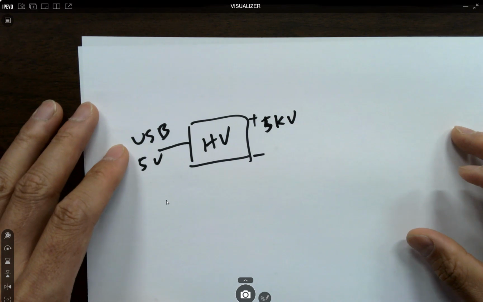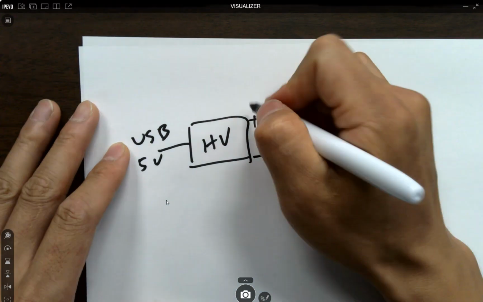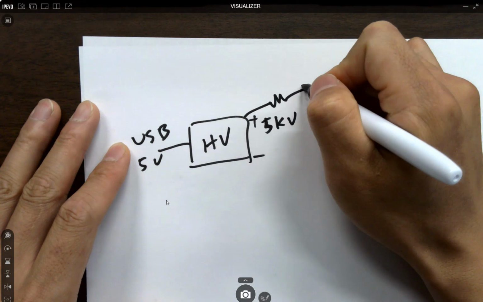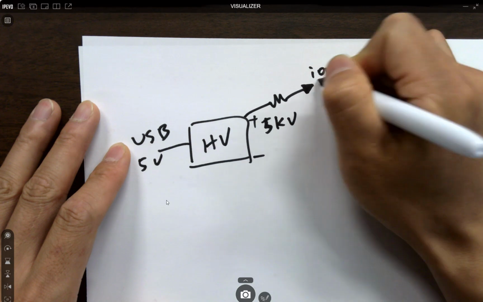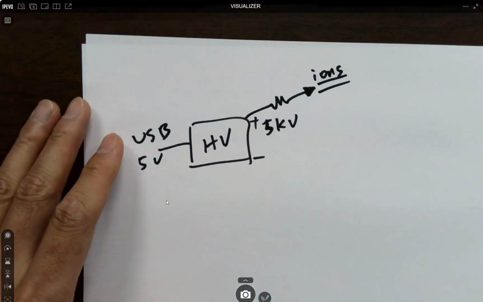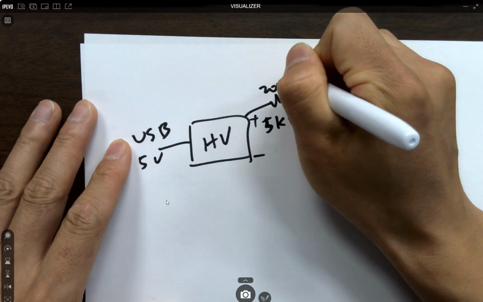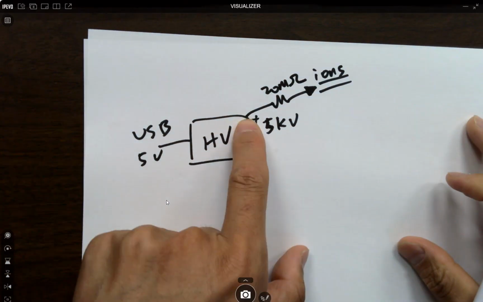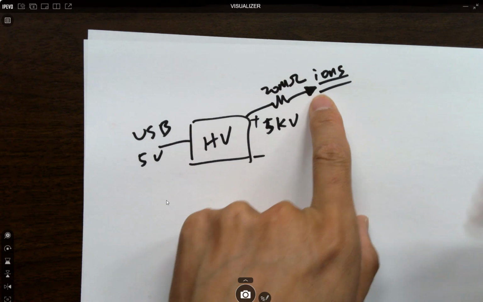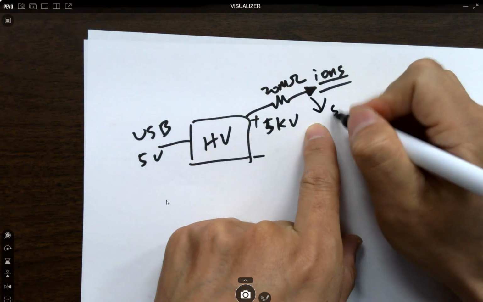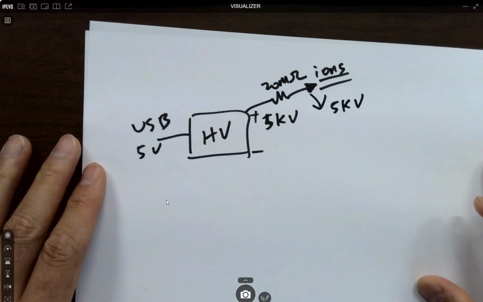And if I'm connecting a resistor here and a very sharp node, it's emitting ions to the air. We don't have to know details about it. And this is 20 megohm. So 5k volts here, 5k volts here as well, because there's no closed circuit. Okay?